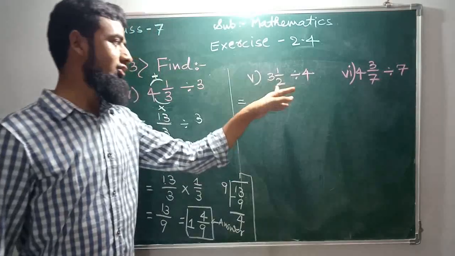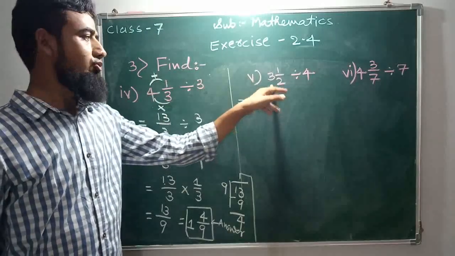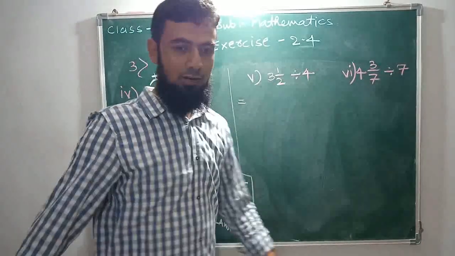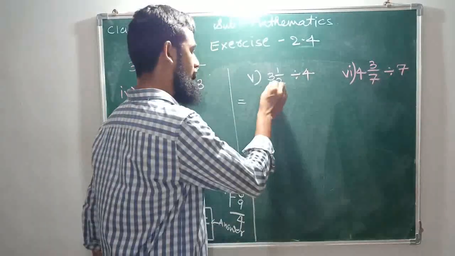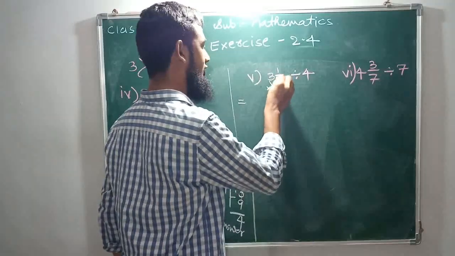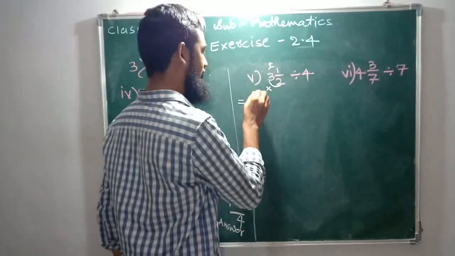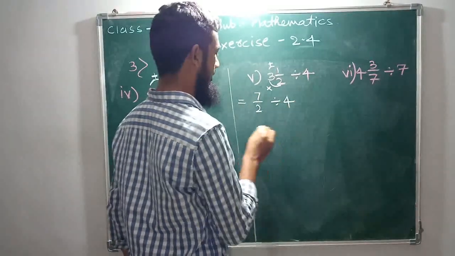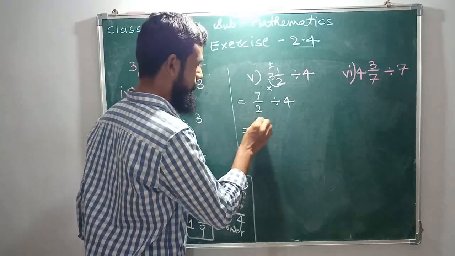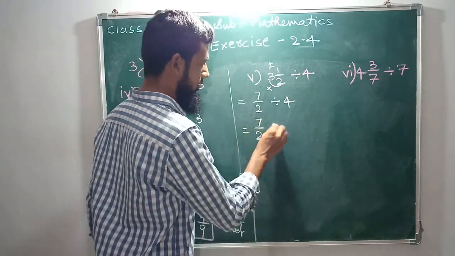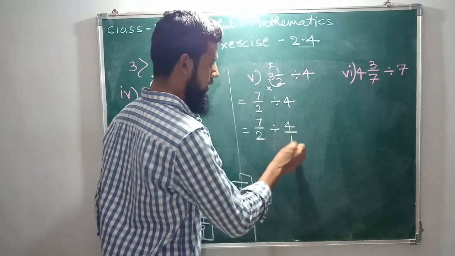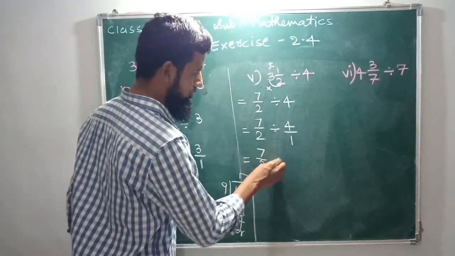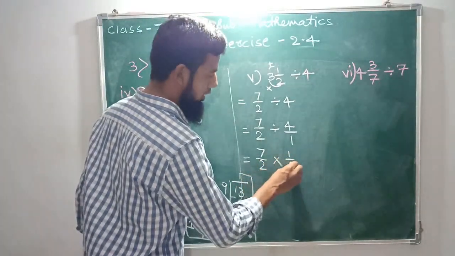In the given question, this is a mixed fraction, so we will convert the mixed fraction into a simple fraction. 3 times 2 is 6, 6 plus 1 is 7, so 7 upon 2 divided by 4 upon 1. Okay, 7 upon 2 multiplied by 1 upon 4.